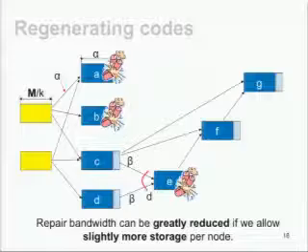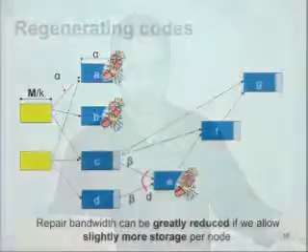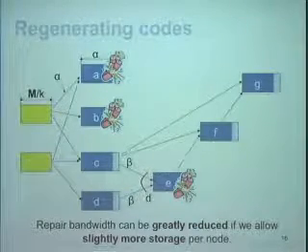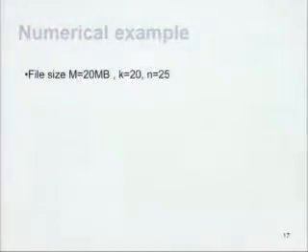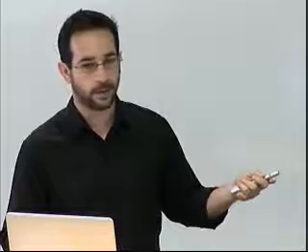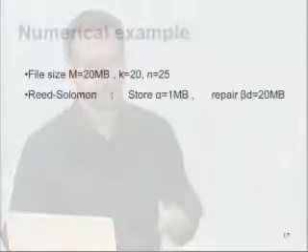The punchline is, if you give me a little bit more storage, the repair bandwidth can be greatly reduced. I'll give you some numbers. If you have a file that is, let's say, 20 megabytes, you cut it in 20 pieces, and you make 25 out of those, so that any 20 out of the 25 give you back your file. So you can tolerate 5 disks failing.